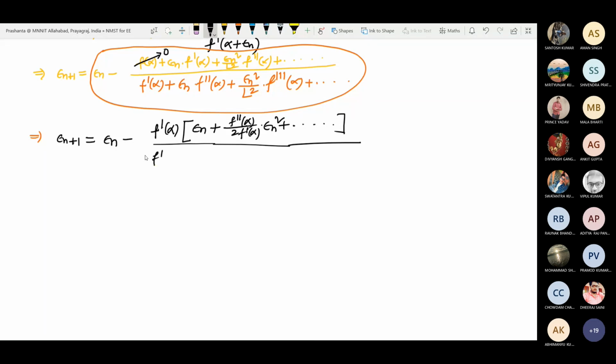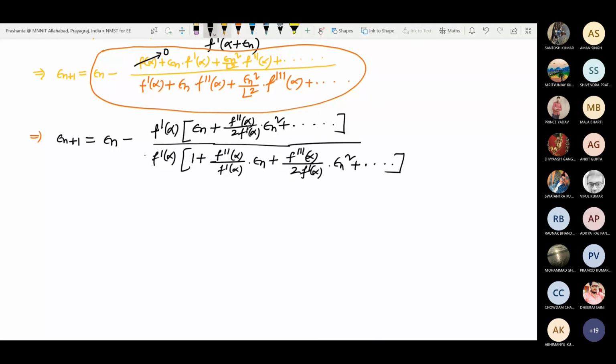Okay, same thing I'll be doing on the denominator. I'll take f dash alpha common. What will be the first term? 1 plus, the second term will be f double dash alpha by f dash alpha into epsilon n plus f triple dash alpha by 2 times f dash alpha into epsilon n square and the remaining terms.